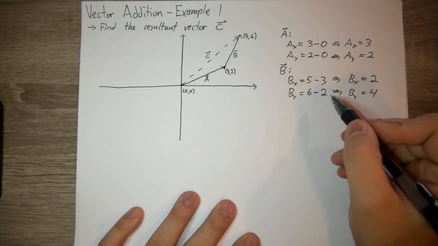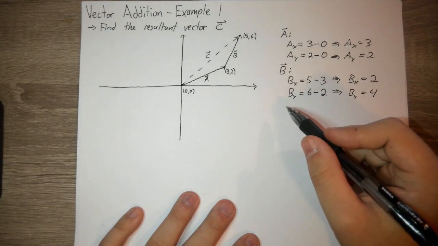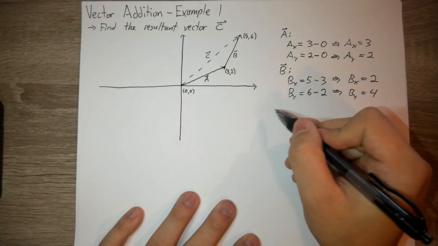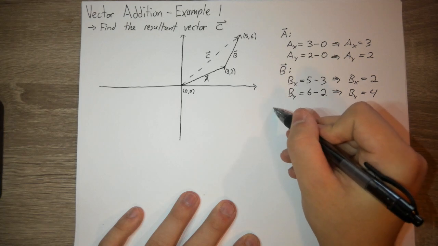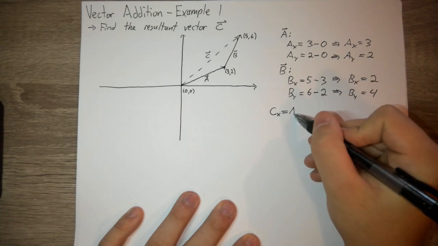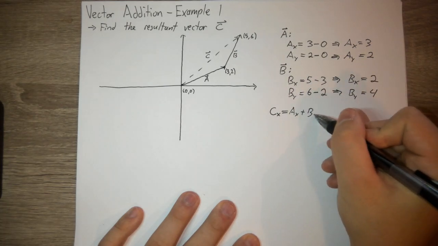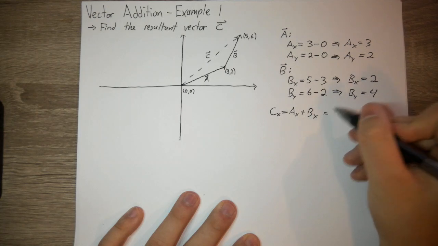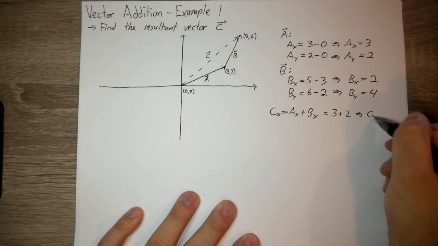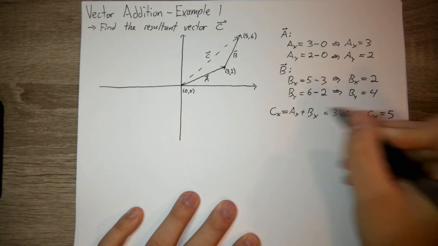And so to find the components of the resultant vector c, we simply add the x and y components of each. So we'll find the x component of our resultant c is just Ax plus Bx, or 3 plus 2, which is 5.